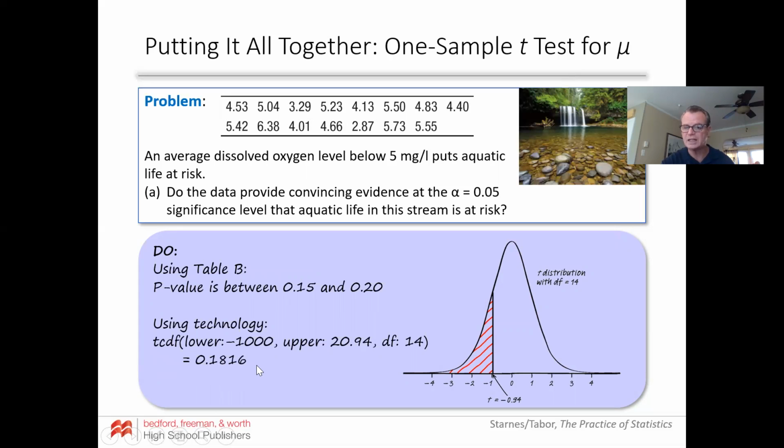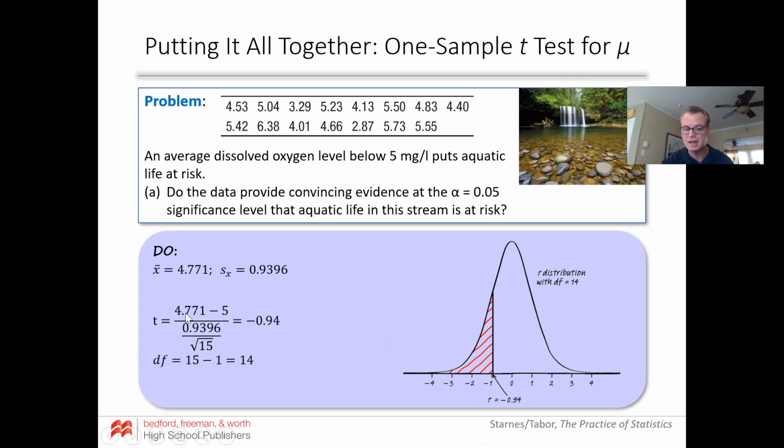The area of the curve is 18%. The p-value is greater than the alpha level, so we fail to reject the null. Now, this number, 4.771, is less than 5. That could be attributed to sampling error. It could actually be 5.